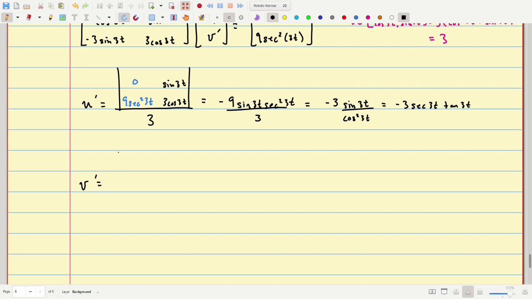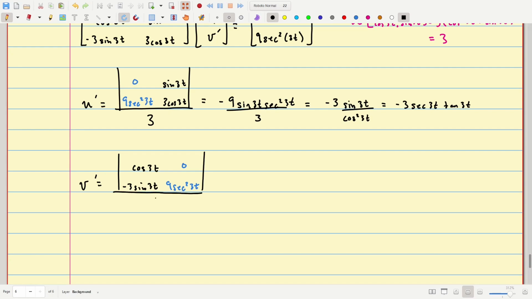Next up, we write down v. So we're going to look at v prime. We want to find it. We're going to have a 0 and a 9 secant squared of 3t here. And then in the left-hand column, cosine of 3t, negative 3 sine of 3t.